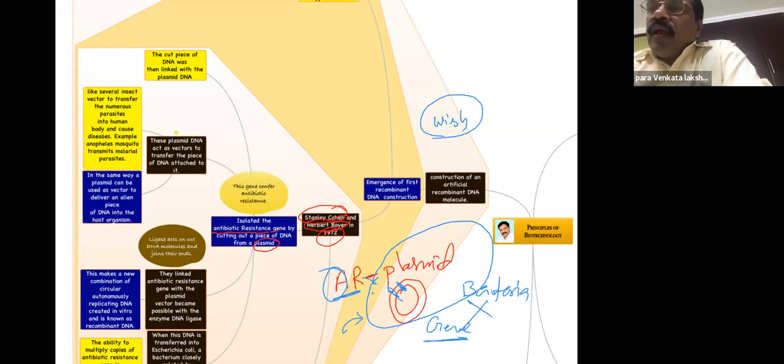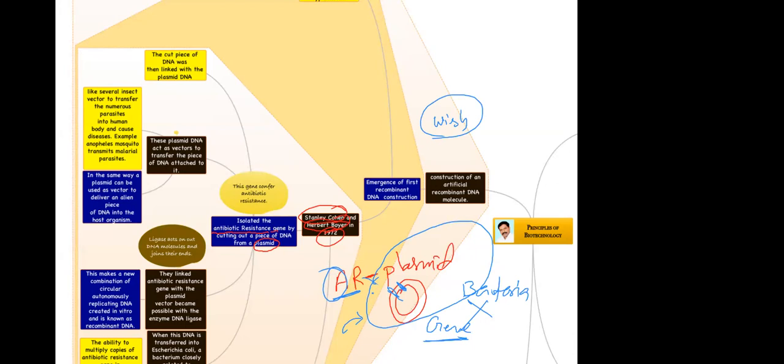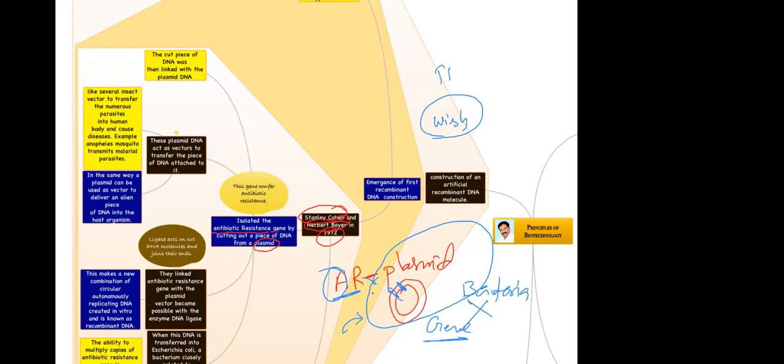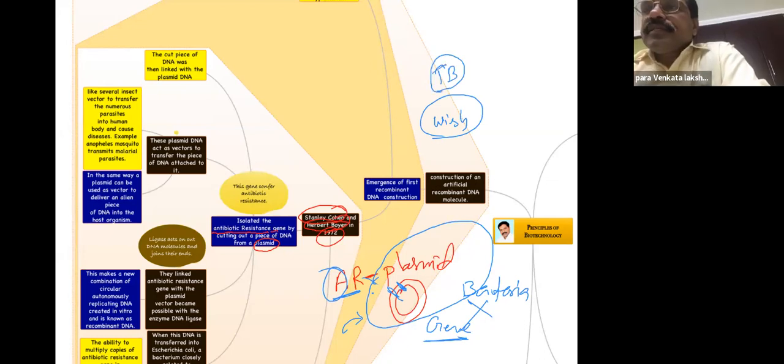Because meanwhile, the organism will develop resistance. In TB, tuberculosis, antibiotic resistance is a common factor.